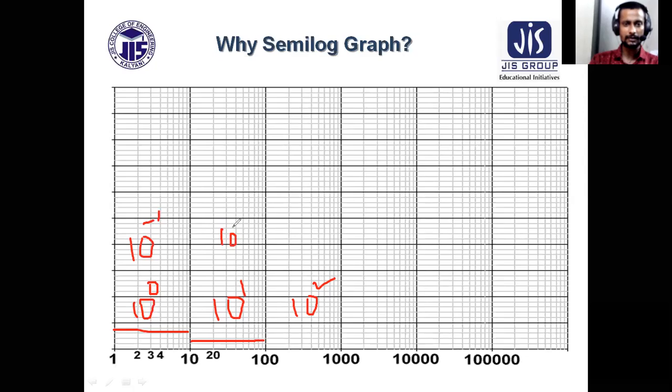Here the variation will be 10 to the power 1. So after one decade, the variation will be multiplied by 10. So what is a decade?